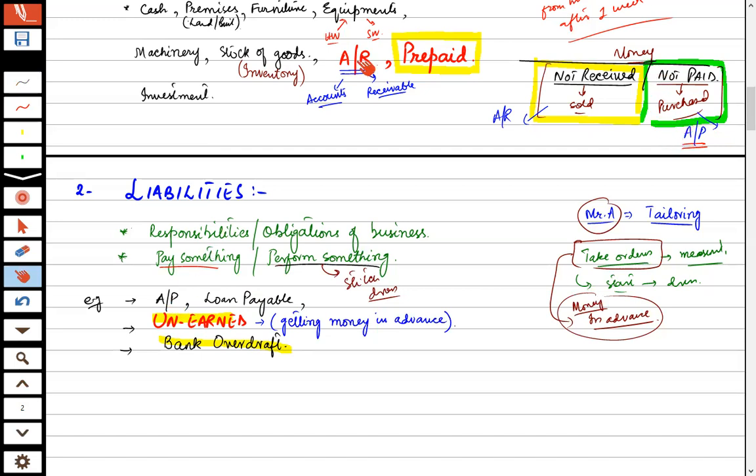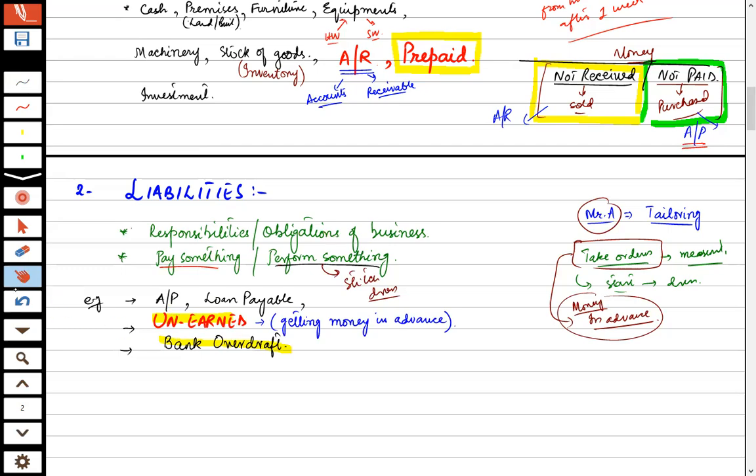Accounts payable and accounts receivable are credit terms. If we have not received, it is accounts receivable. And if we have not paid, it will be accounts payable. Accounts receivable comes in assets because we have to receive, and accounts payable in liabilities because we have to pay. Pay and obligation are liabilities. Clear till now? Any question?